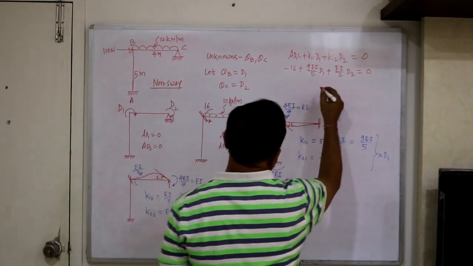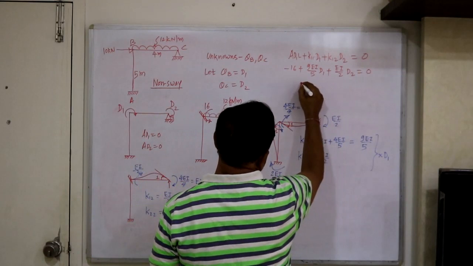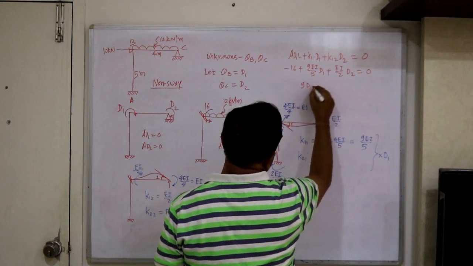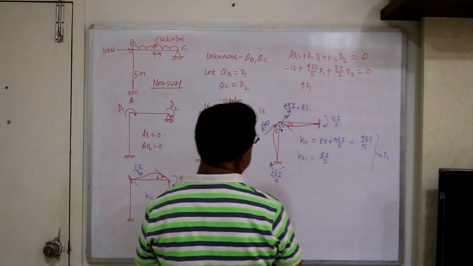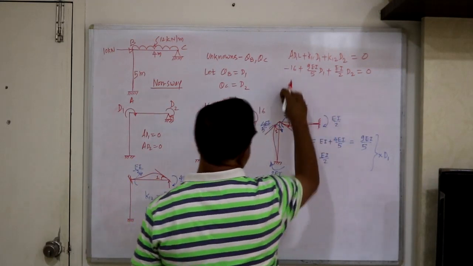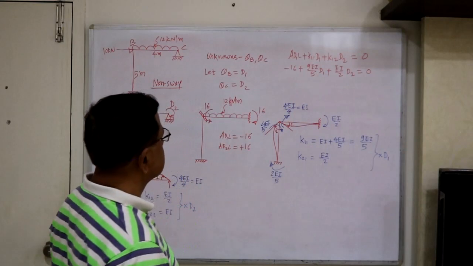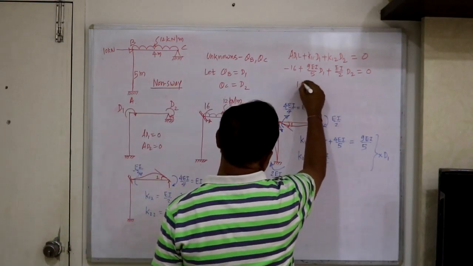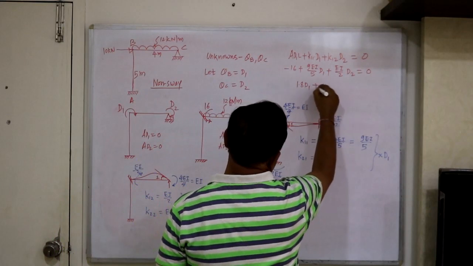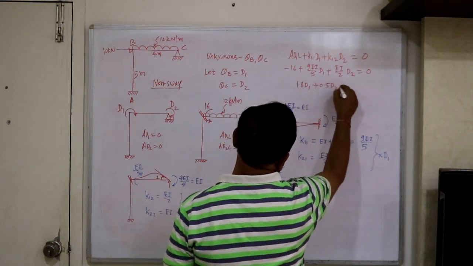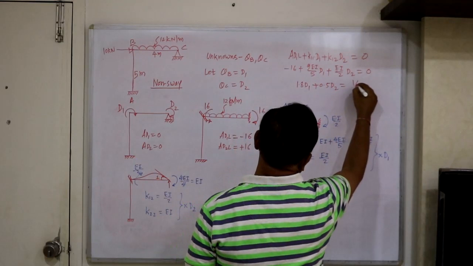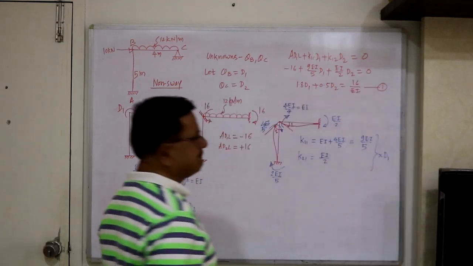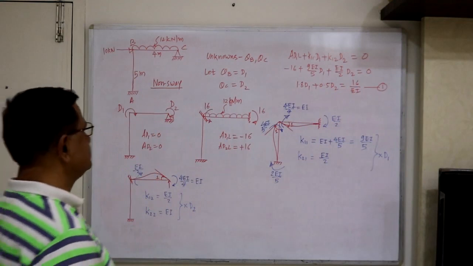Now we can write 1.8 D1 plus 0.5 D2 equal to 16 upon EI. So first equation, 9 divided by 5.